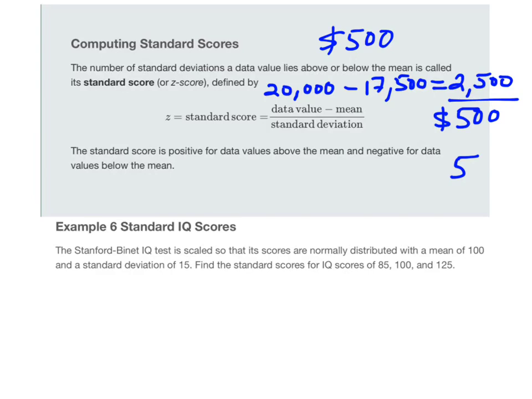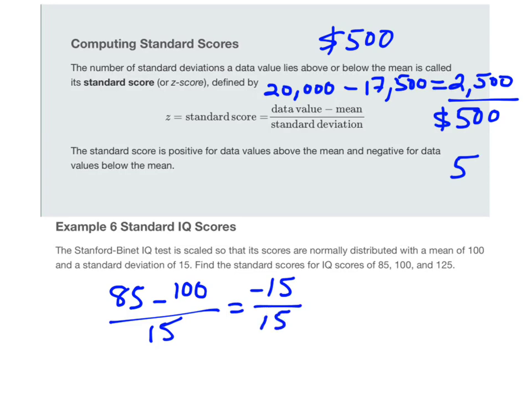Okay, so for the score of 85, we take that data value and we subtract the mean, which is 100, and divide by the standard deviation, which is 15. Okay, so its deviation is negative 15, because that score is below the mean. And how far below the mean is it? Well, it's exactly 1 standard deviation below the mean. So its z-score is negative 1.00.